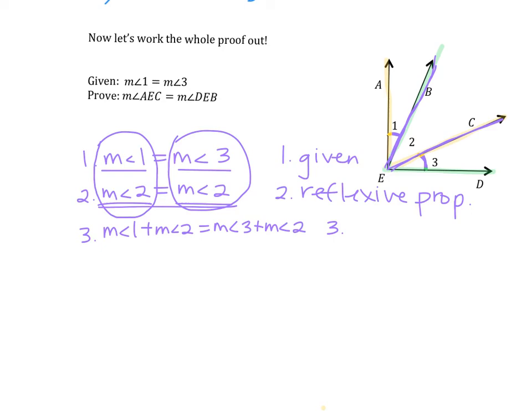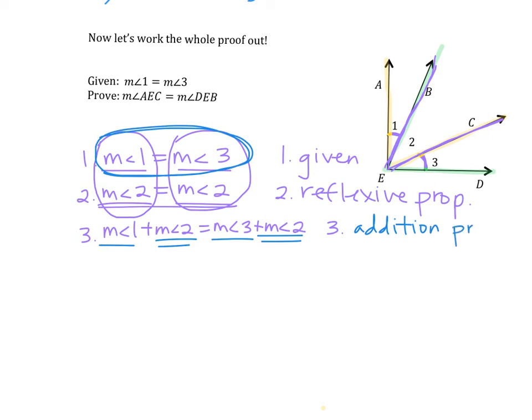Because both are equal, we can say they're equal to each other. So if you think about it, we had this, 1 is equal to 3. What did I do on both sides of my equation? I added the same thing, right? So that's the addition property of equality. Because all I did was add angle 2 to both sides. Okay, so that's the addition property.